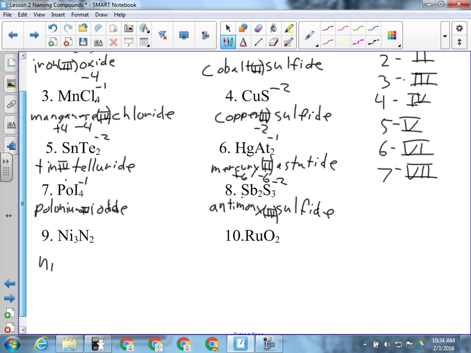So the name will be nickel something nitride. Nitrogen is always a -3 charge, which again gives me 6 negatives in total. So I have to have 6 positives, which makes each nickel 6 over 3 is 2. So that's nickel 2 nitride. And then the last one here, ruthenium oxide.